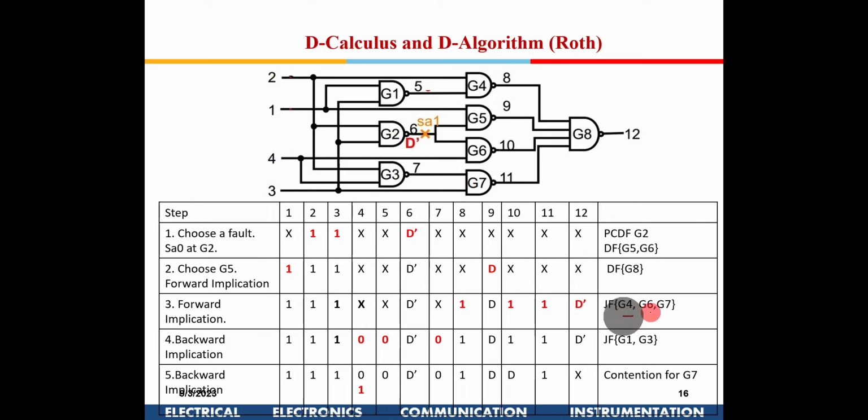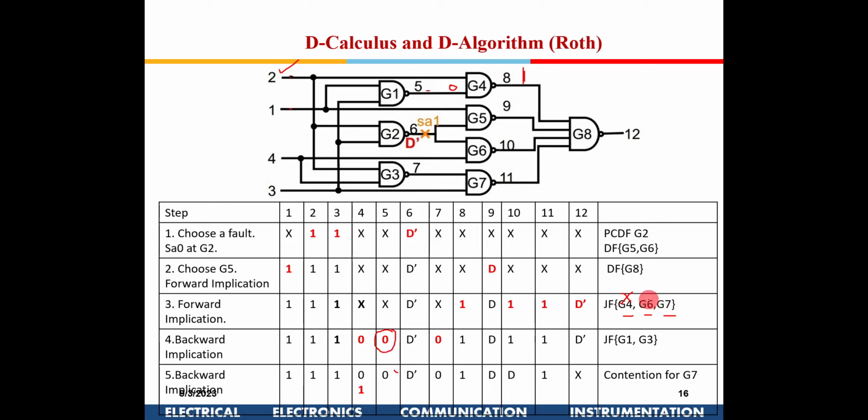These are the 3 gates, G4, G6, G7, which have come. For G4, I require a 1 here. 2 is already 1, so I don't have an option. I need to put a 0 here. I am going to put a 0 here, and I am removing G4 from this list. I have removed G4 from the D-frontier list by putting a 0 in G5.